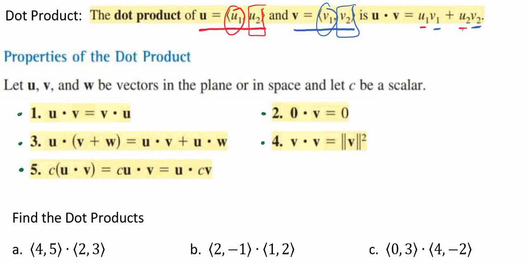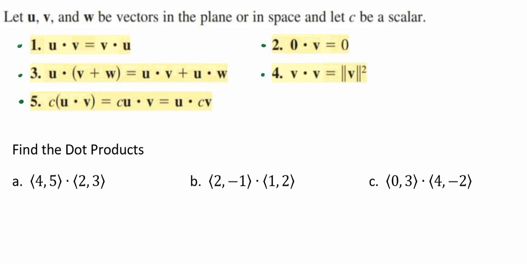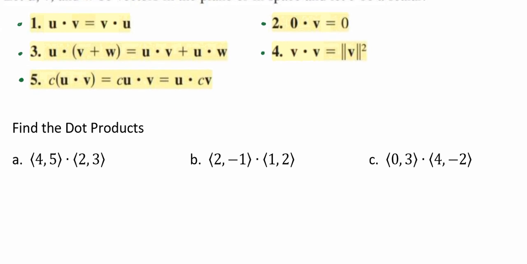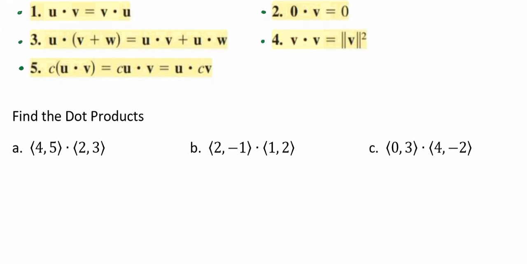All right, so let's start with our first example, where we have vector, let's call this one our vector u, which has components 4 and 5, and vector v, which has components 2 and 3.